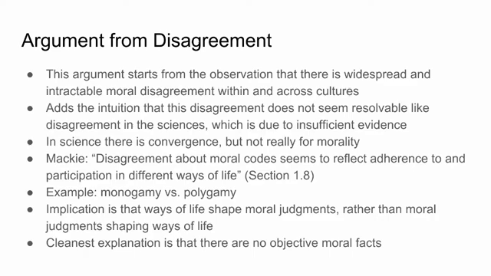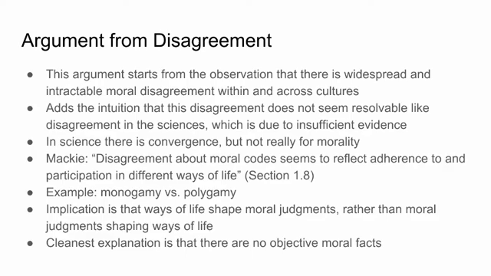So Mackie says that disagreement about moral codes seems to reflect adherence to and participation in different ways of life. And the example he uses is the one I used above, monogamy versus polygamy. It doesn't seem that people wind up morally supporting monogamy versus polygamy because they sit back, think about the general abstract moral arguments, decide which one they think is correct, and then move toward supporting that institution.